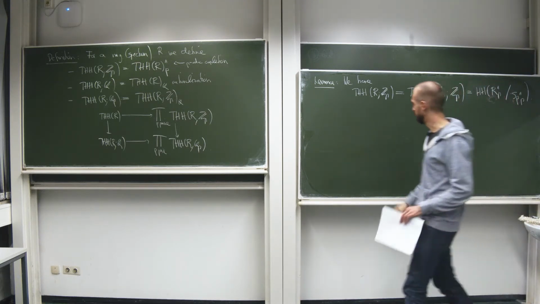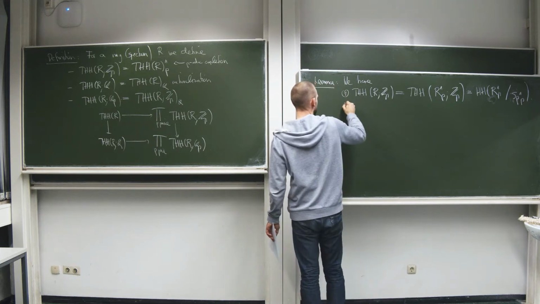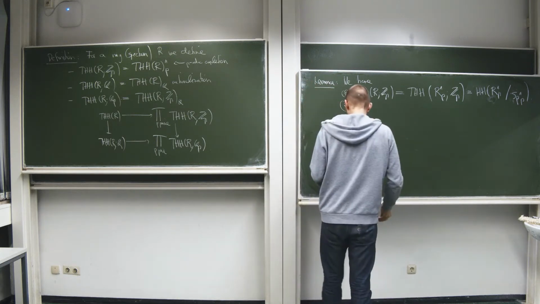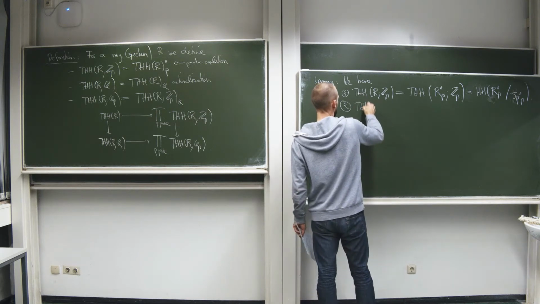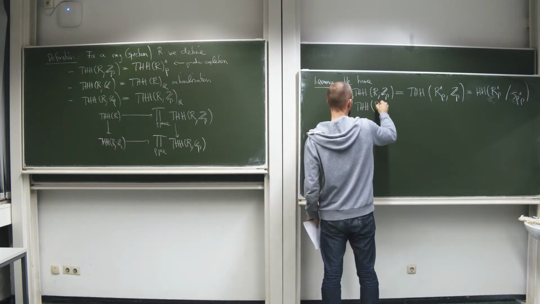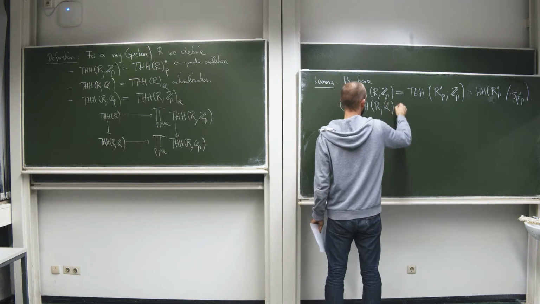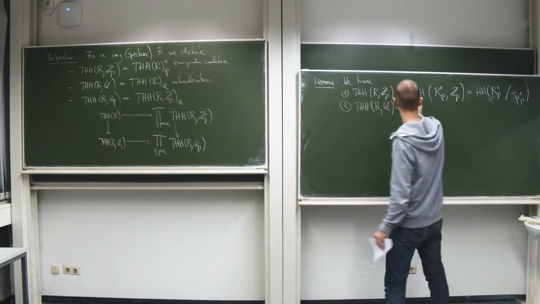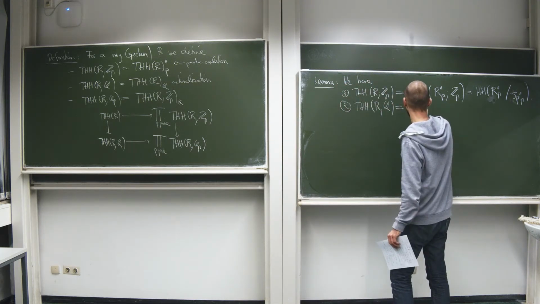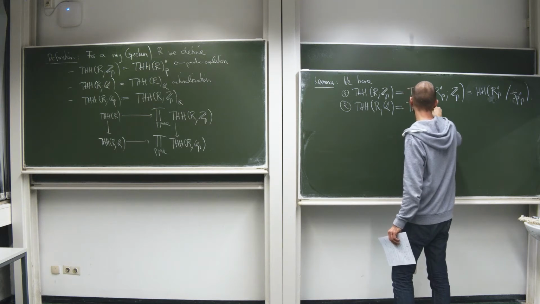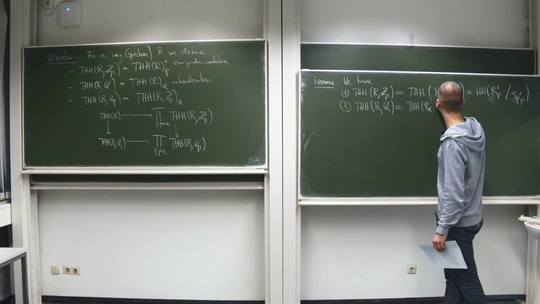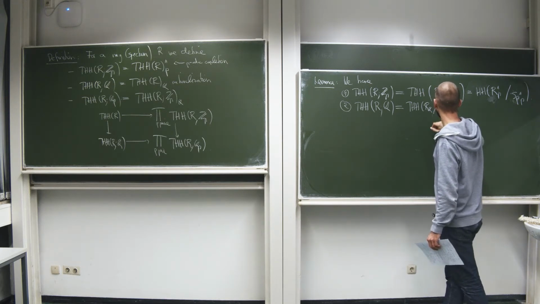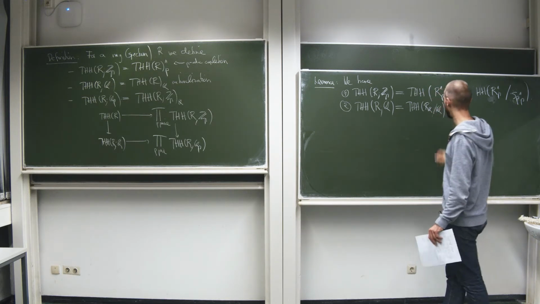Okay, well that's the first statement. And the second statement is that the rationalization of THH, so THH of R with Q coefficients, is the same as THH of the rationalization of R, then also with Q coefficients, relative to HQ.